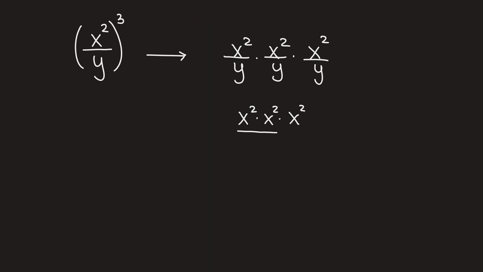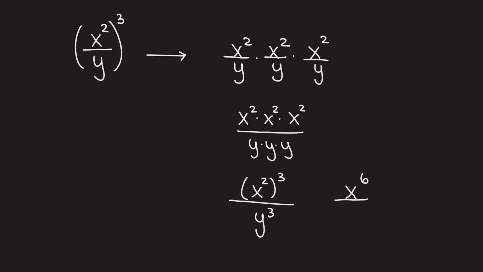We can rewrite this as 1 fraction, and since we have 3 factors of x squared, we can rewrite the numerator as x squared raised to the third power, and the 3 factors of y in the denominator as y to the third power. And this simplifies to x to the 6th power over y to the third power.